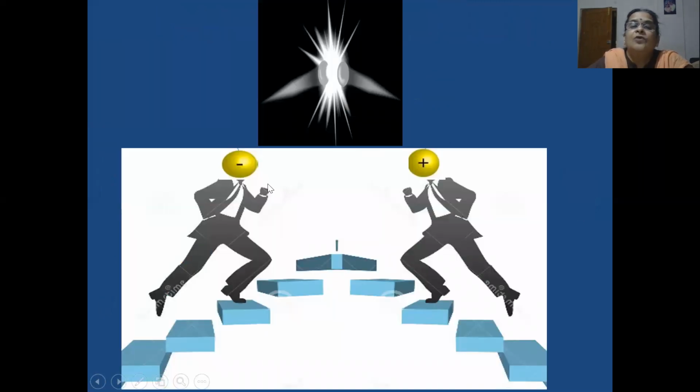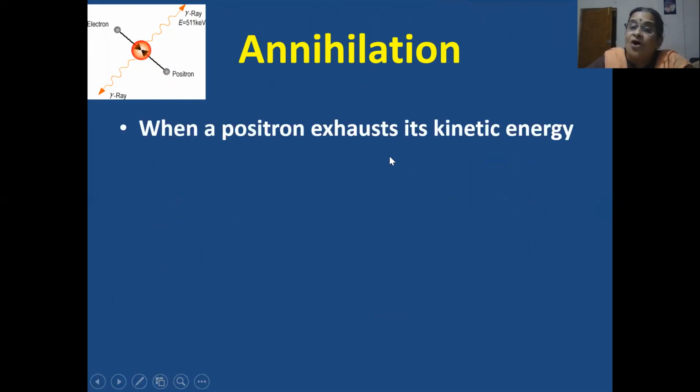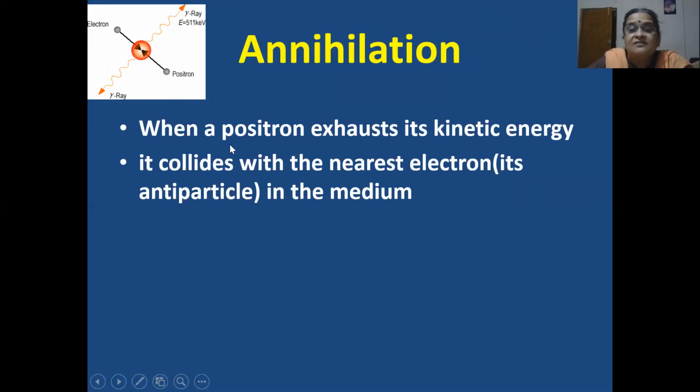Now here you can see the example of the destruction of both the particle and the antiparticle. This is annihilation. Here you can see the electron and positron coming to each other. As soon as the positron exhausts its kinetic energy, it collides with the nearest electron, which is the antiparticle of this positron, in the medium.